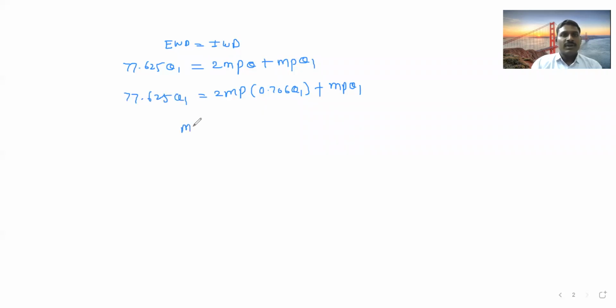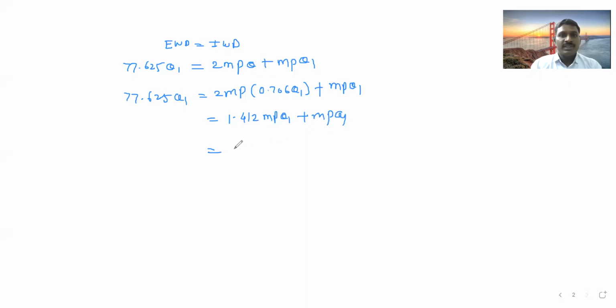So now calculate the value of Mp. Before that, solve this: 2 into 0.706, how much is this value? 1.4129 Mp theta 1 plus Mp theta 1.